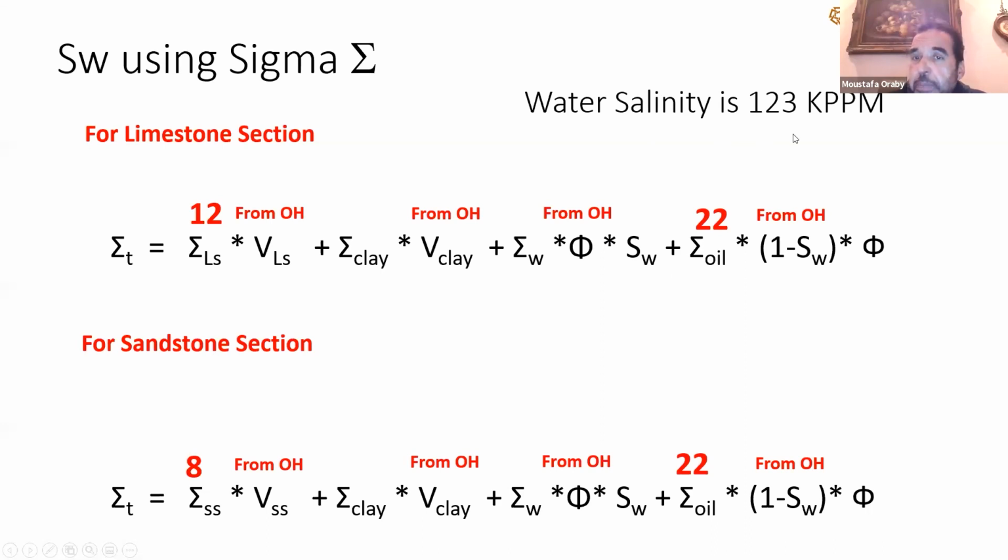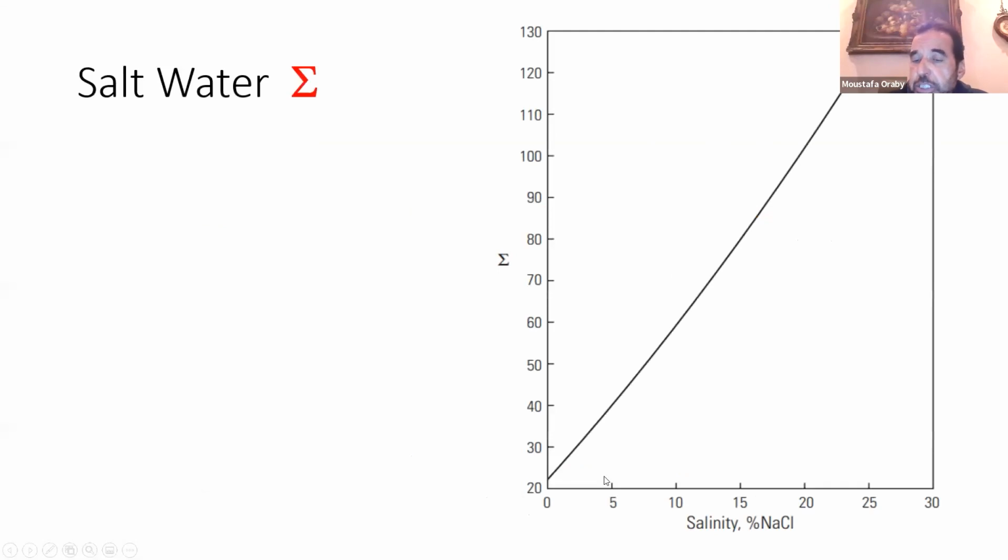123 kppm. So actually, I go from the relationship. I know the salinity percent, I can get you the sigma. It's very well known in any of the cased hole logging tools. Now, if I know the salinity, here is my 123 kppm, then my sigma is 63. So if you tell me the salinity of your water, easily I can find the sigma of the water.